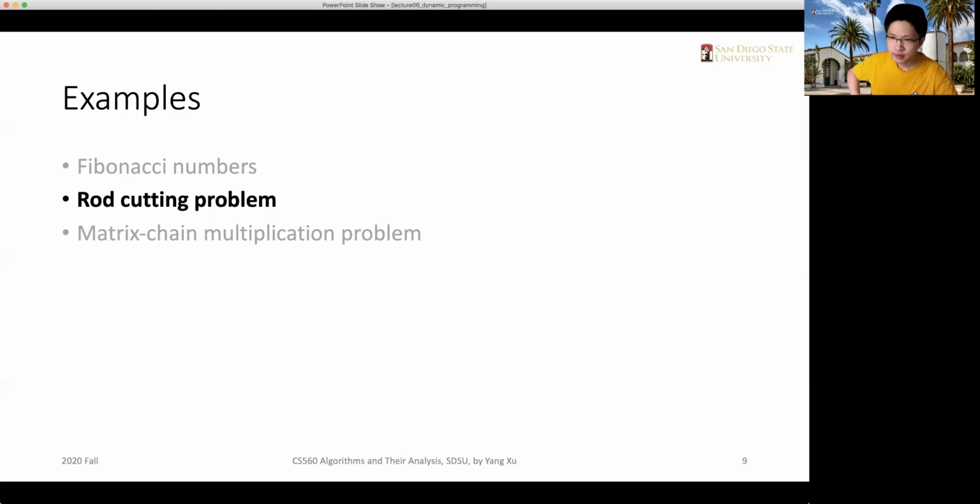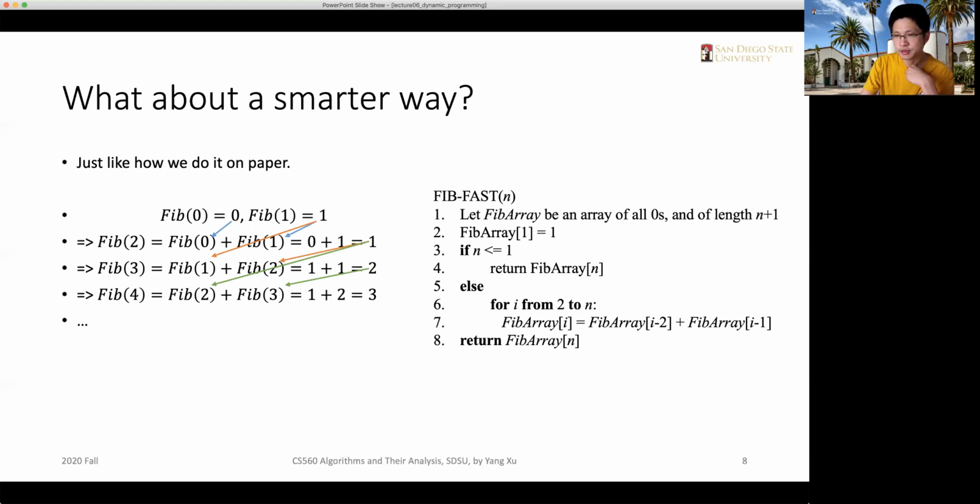I would say the Fibonacci number problem is a simple example that showcases how an introductory-level problem can be solved by dynamic programming.